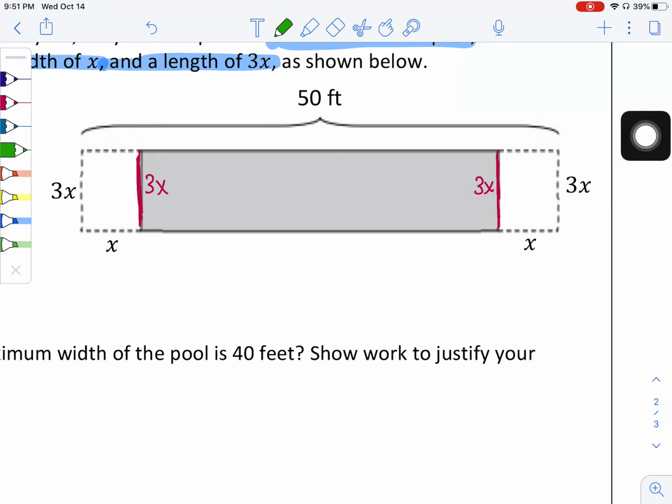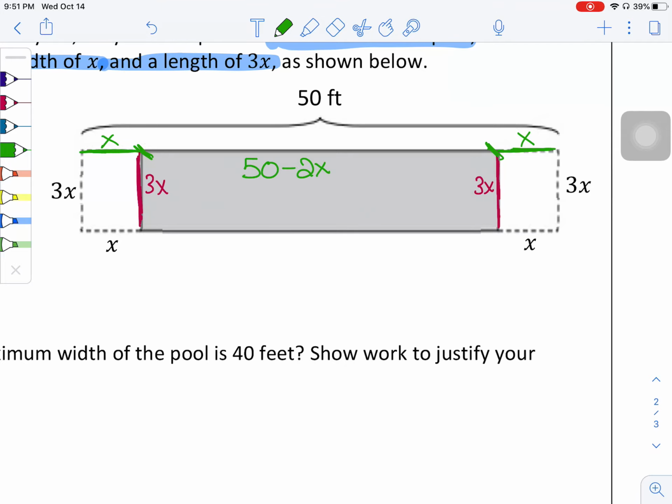This edge right here is x, just like its opposite side. This edge right here is x, just like its opposite side. So this part of the pool from here to here is going to be 50 feet, the total width, minus the 2 x's that would be used for the gardens.